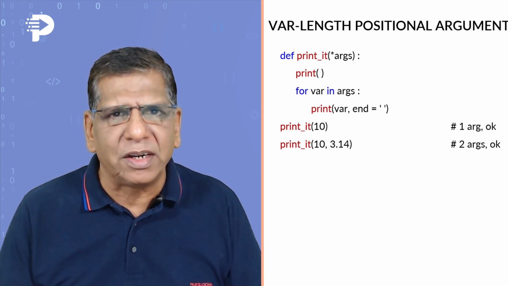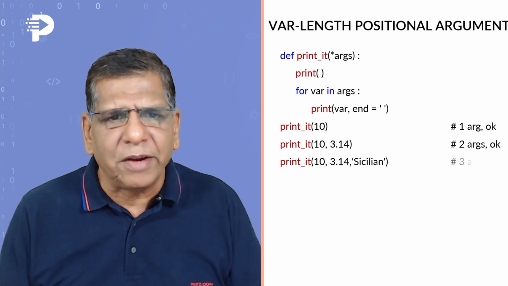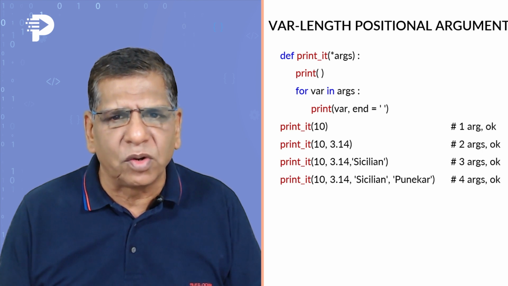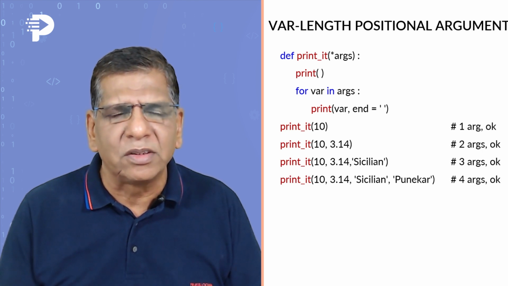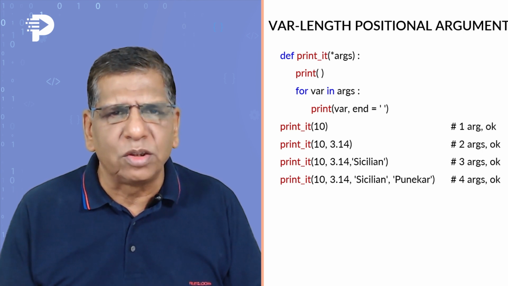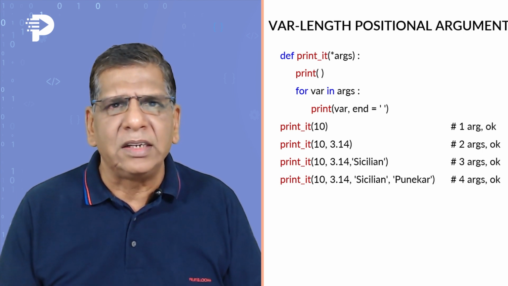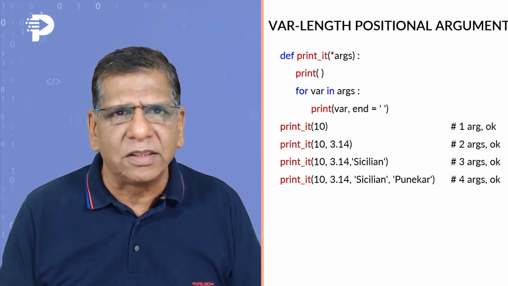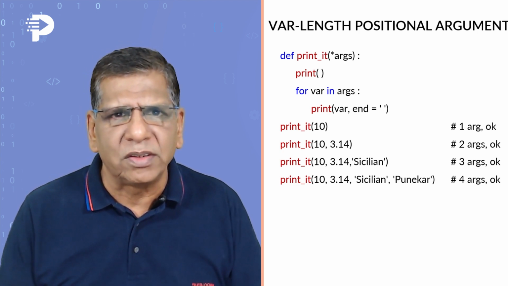First time it will print 10, second time it will print out 3.14. In fact, I can pass any number of arguments, maybe 3 arguments, 4 arguments, any number of arguments. All would be collected in args and would be iterated through using a for loop, and in each iteration you will print the argument in sequence, whatever you have received in args.